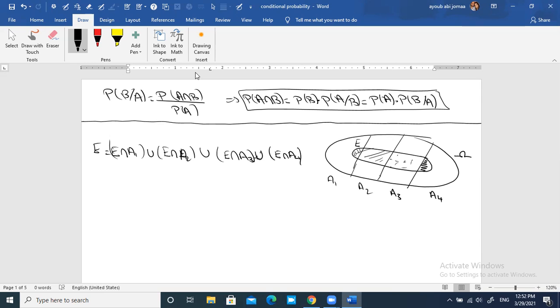Is what I'm saying correct, graphically and geometrically? Is that true?